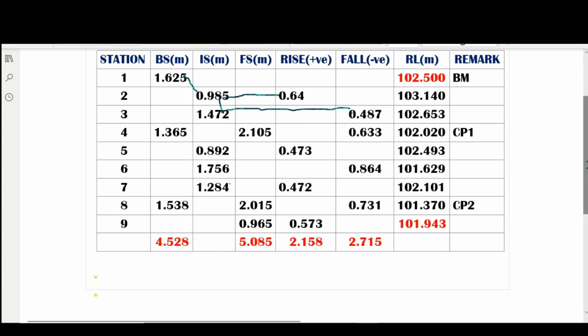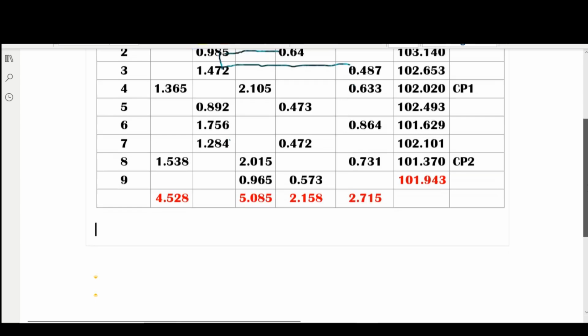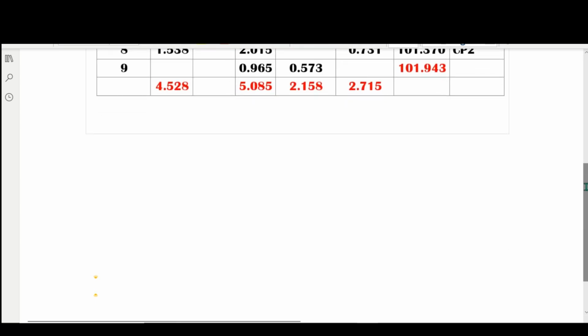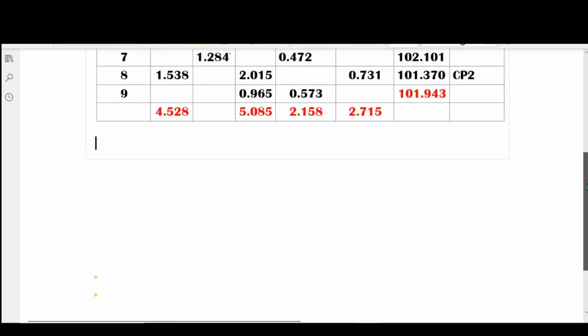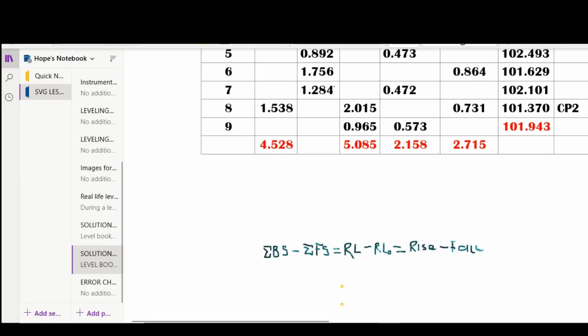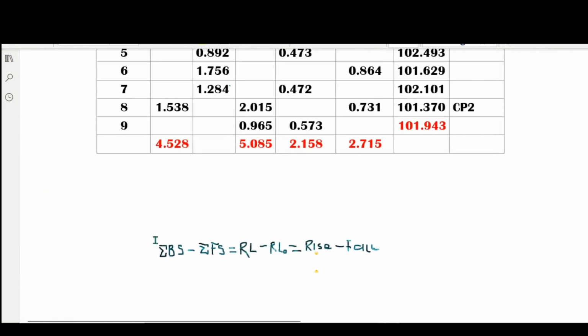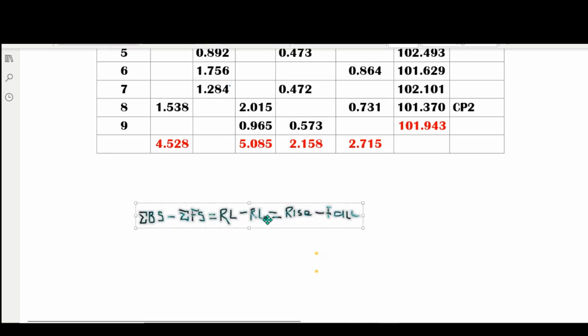So what is our error check formula? Remember our error check formula. So let's go back to make our error check formula. Now let's do some calculations here. Let me take this up a bit. It says the sum of backsight, which is equal to this, minus the sum of foresight, which is equal to this.